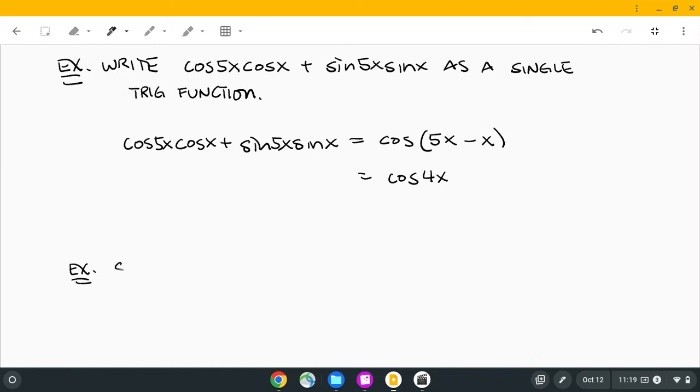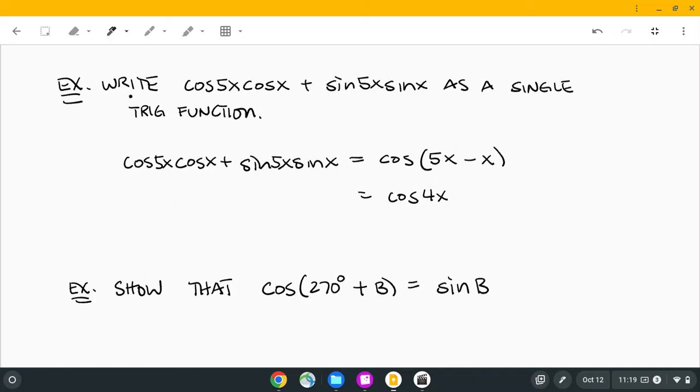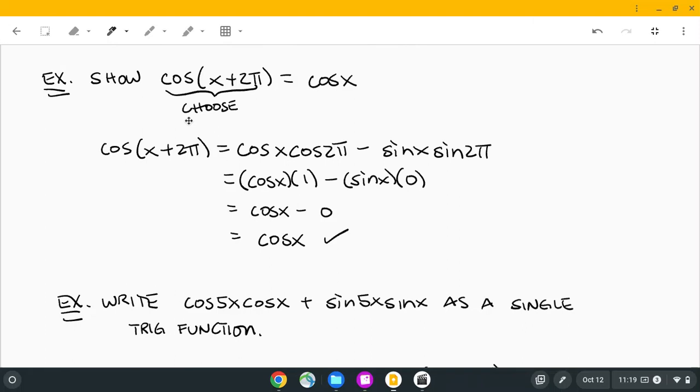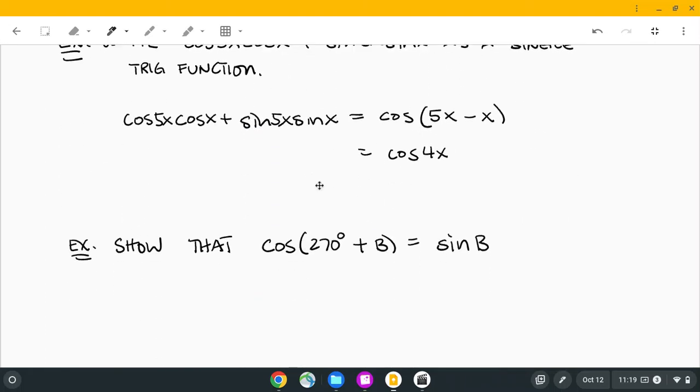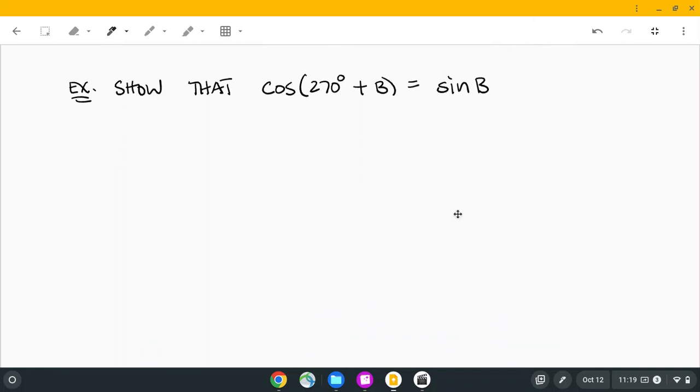Let's try this one. Show that cosine 270 degrees plus b equals sine b. Okay, so this is more like the one just before this problem. All right, so why don't you go ahead and try this one and then come back and see if you did the work the same way.